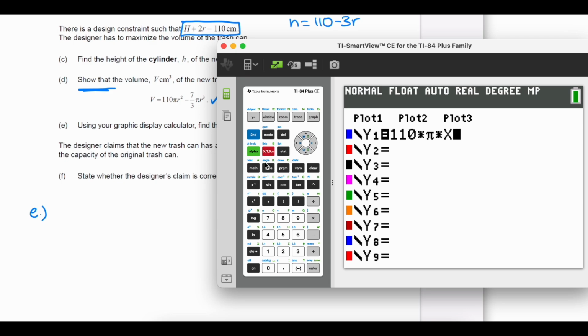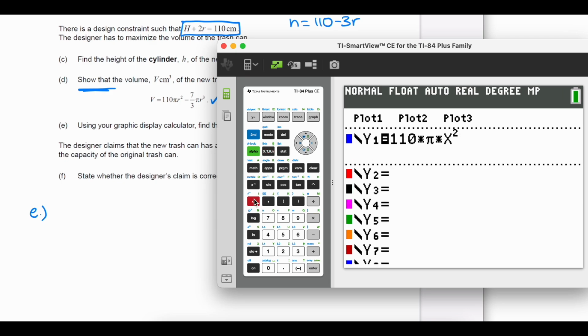So I'm going to write that as x squared since I'm typing it into my calculator. And I'm going to subtract from that a fraction, 7 over 3, again pi, and then it's r cubed, so this time I'm going to write that as x to the power of 3.